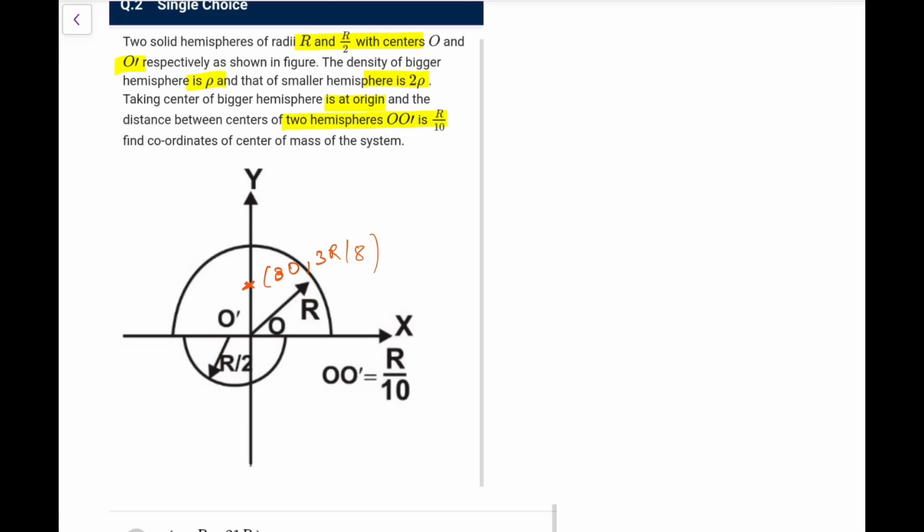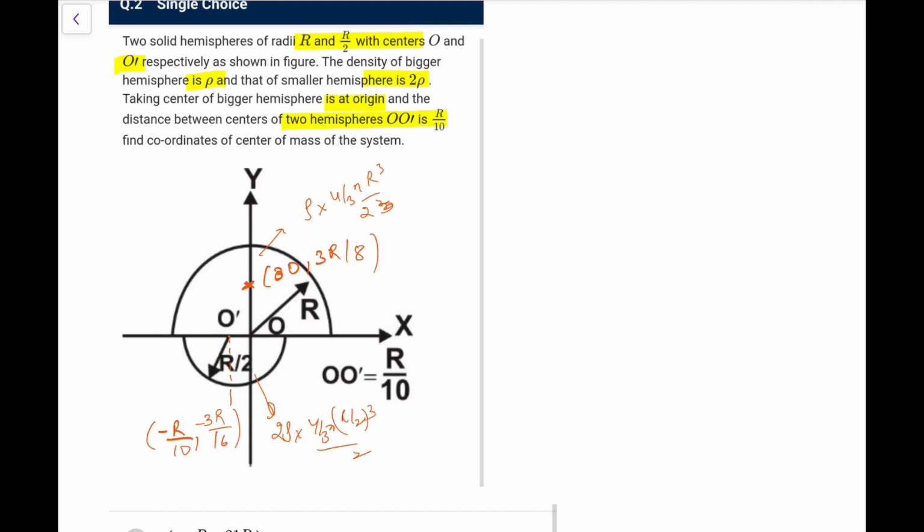Now next, for this one, the x coordinate is negative, this would be minus r by 10 for sure, and the y coordinate 3r by 8 will become 3r by 16. Also, if I talk about the mass, this mass has density rho into 4 by 3 pi, half of that, r cube by 2, and this one would be 2 rho into 4 by 3 pi, r by 2 whole cube by 2.